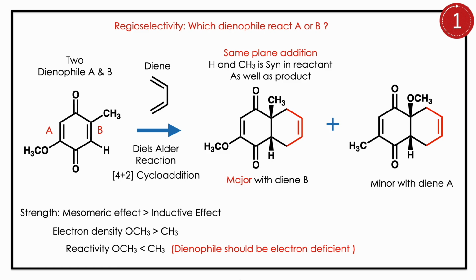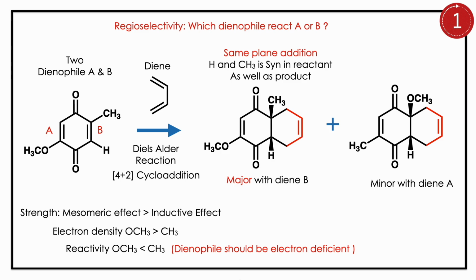Where does the regioselectivity come in? Which dienophile reacts, A or B? A dienophile by definition should have an electron withdrawing group attached. Here electron density should be lesser. So if you look at it, the electron density of methyl is lesser than O-methyl because O-methyl is mesomeric. So O-methyl doesn't react, only B reacts, which gives the major product.